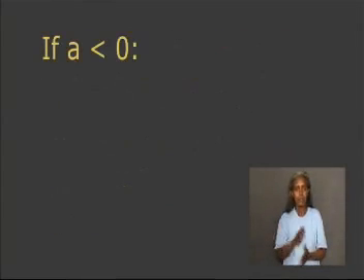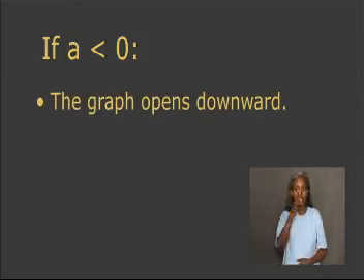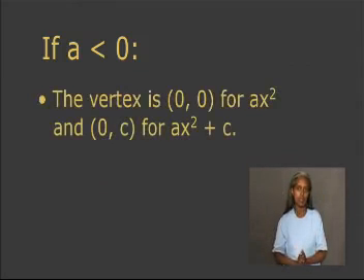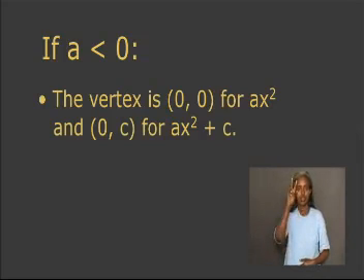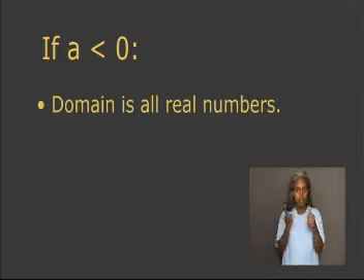If the value of a is less than 0, we can assume the following. The graph opens downward. The vertex is 0, 0 for ax squared and 0, c for ax squared plus c. The domain is all real numbers.